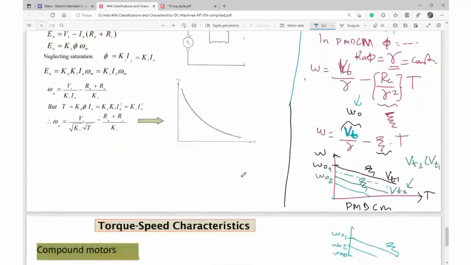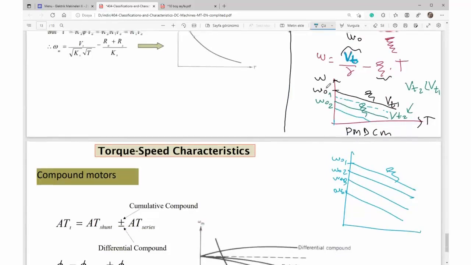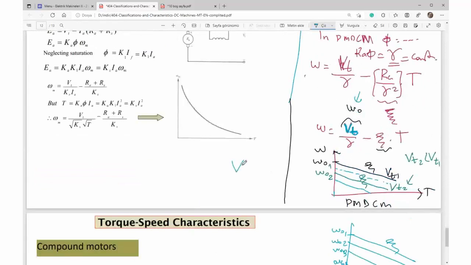for underrated voltages, underrated speeds. For example, you generally drop terminal voltage because a machine perhaps cannot stand overvoltages. So let's say the machine has a rated terminal voltage of 220 volts, and then you can decrease voltage, but you cannot increase it.